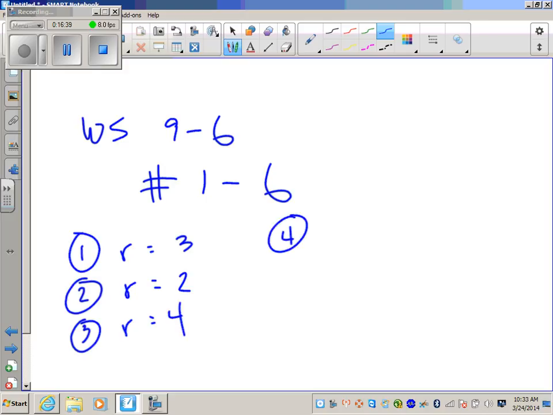R is 5. Oh, we did that one too. And 6. R is what? 1.75.